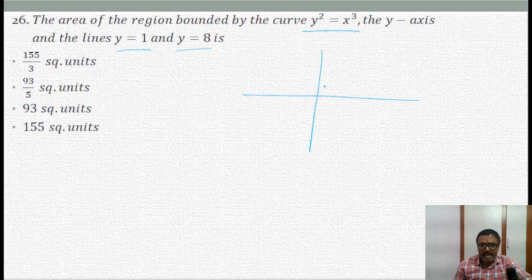Let me take the x axis and y axis. Two lines are there, y is equal to 1 and y is equal to 8. Let us take y is equal to 1, and somewhere here y is equal to 8, and one curve is given, y square is equal to x cube. Give x is equal to 1, so y is also equal to 1, so somewhere here you will get the point. Then if you give x equal to 2, x cube is 8, y is 2 root 2, which is greater than 2, so somewhere here you will get the point.